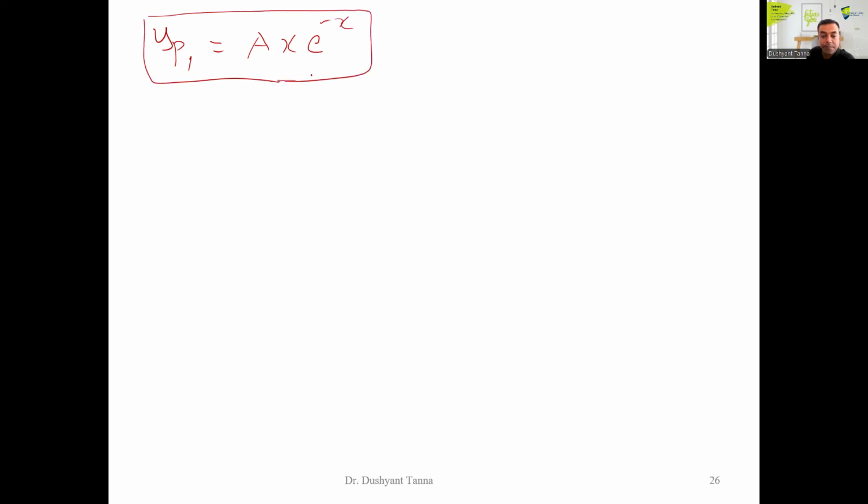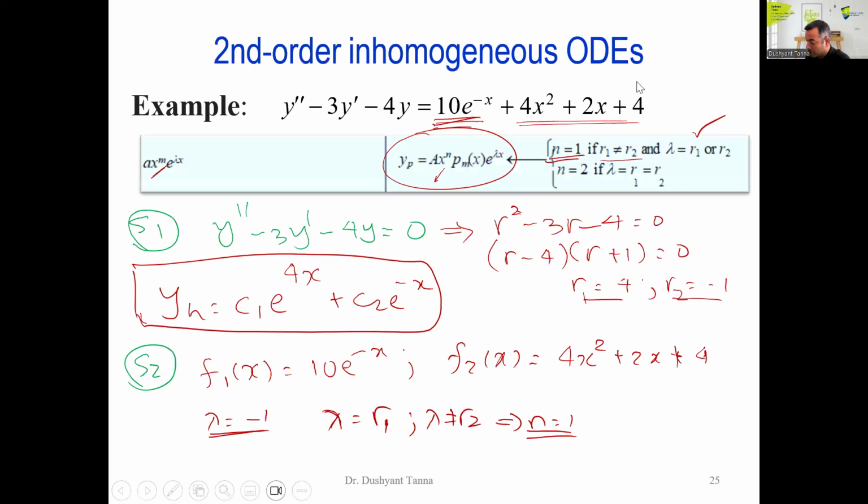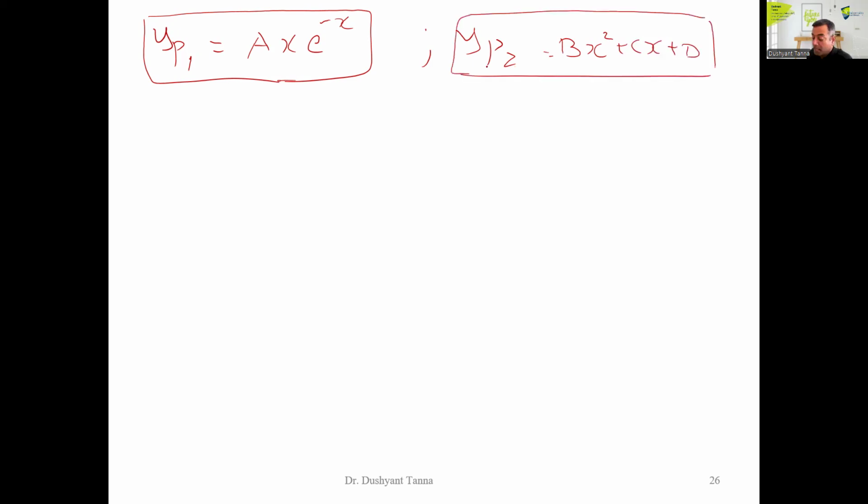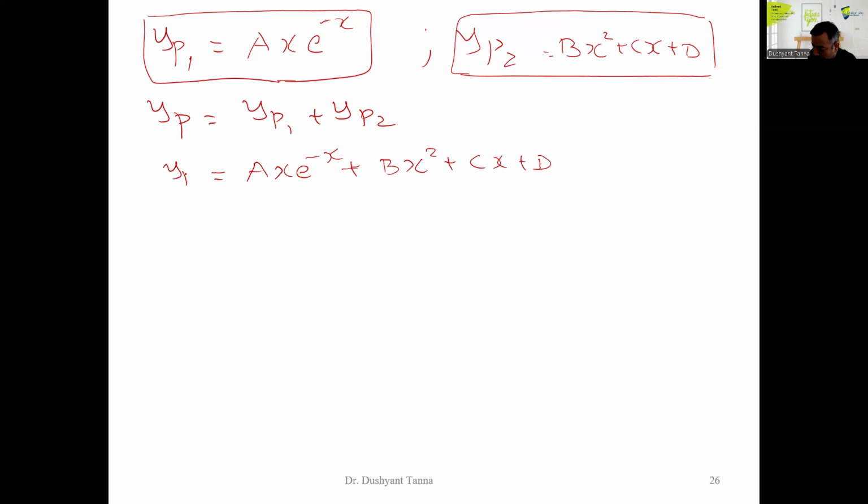That's your YP1, right? My YP2. YP2 is simple because I got an x squared thing. You choose constants you like. I'm going for B, C, and D. That's my YP2. Okay, and my combined YP, which is the addition of YP1 and YP2: Ax e raised to minus x plus Bx squared plus Cx plus D, that's my YP.